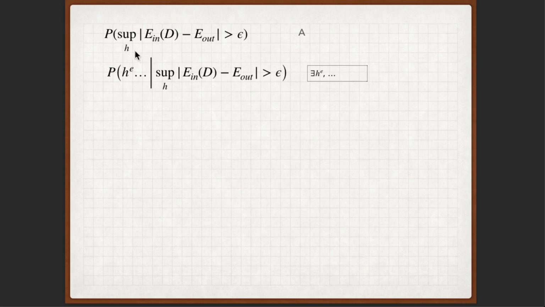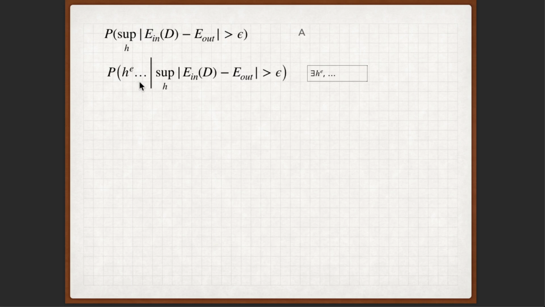That means there exists one hypothesis so that when it is evaluated on this dataset, the difference exceeds the predetermined threshold. To put it in everyday language, this training data sample is bad, is unreliable for some of the hypotheses in the family.